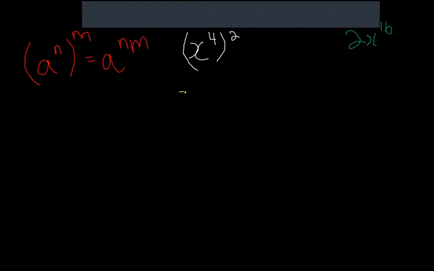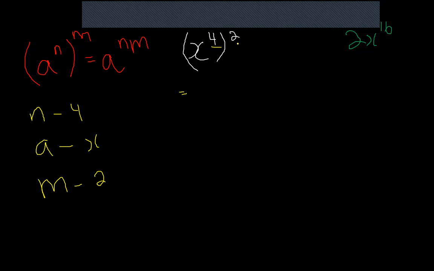So now looking at the question, my n in this case would be 4. The a, which is the base, would be x. Look here. And then the m would be 2.